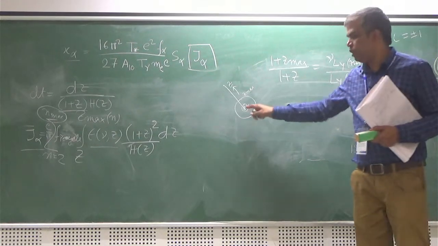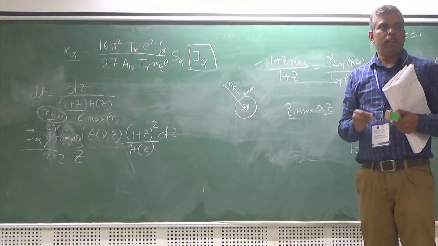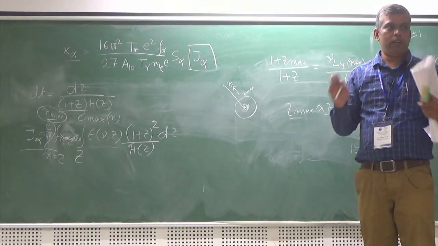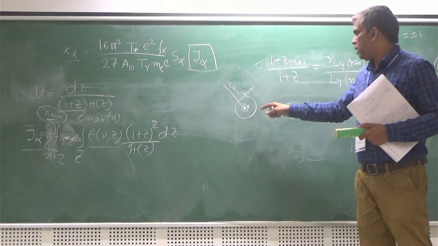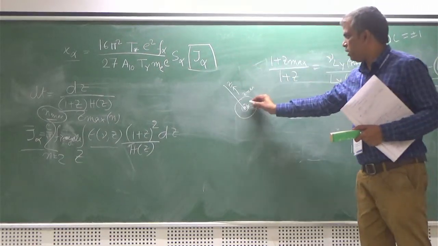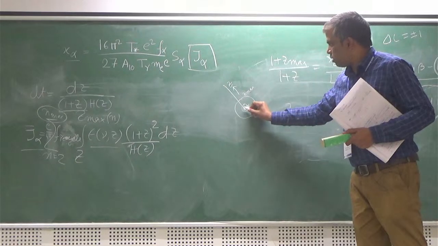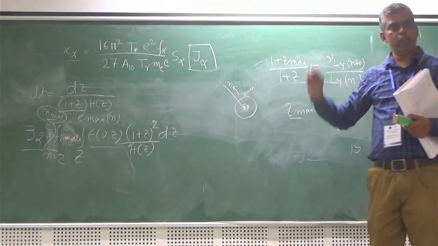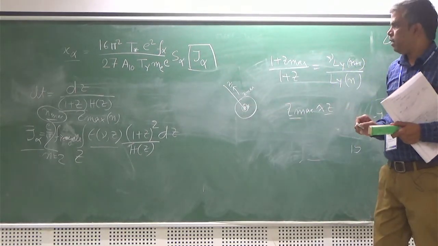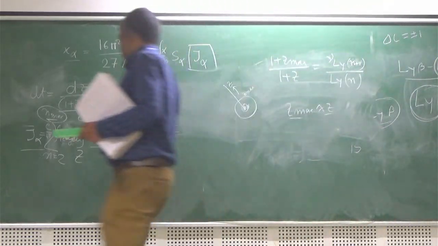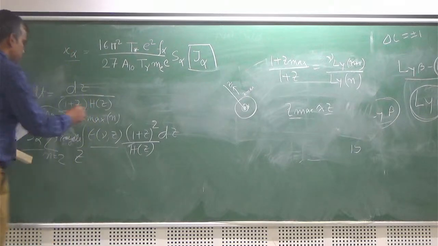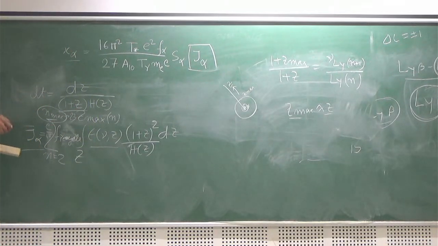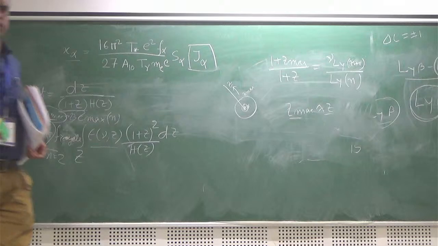Once you have a source, it will create ionized regions of some size. So once z max goes inside that ionized region, you stop. And it turns out that n max is about 23. So if you take the sum up to 23, it will give you almost the correct result.